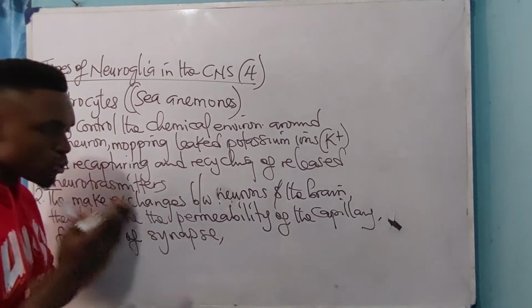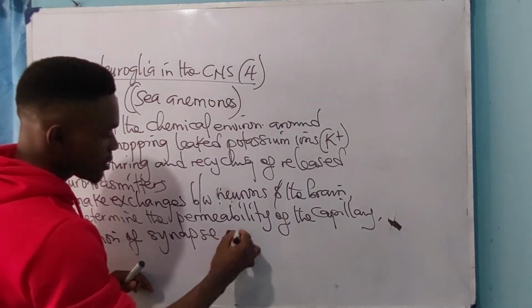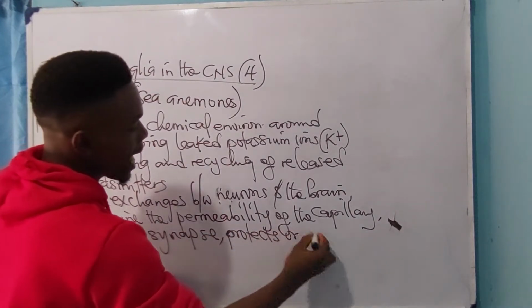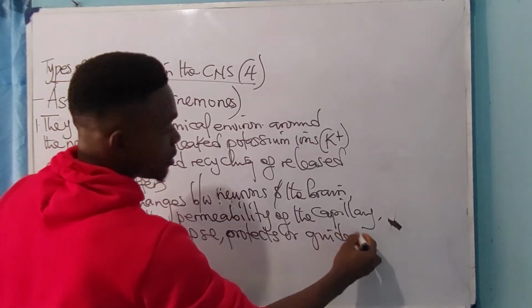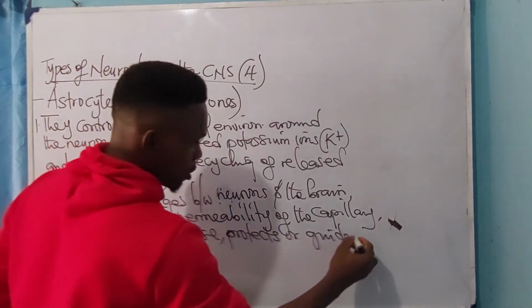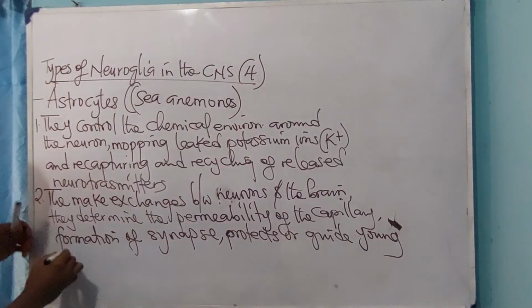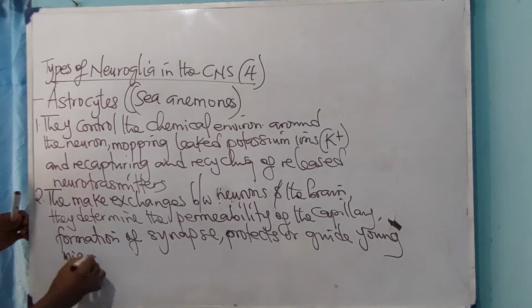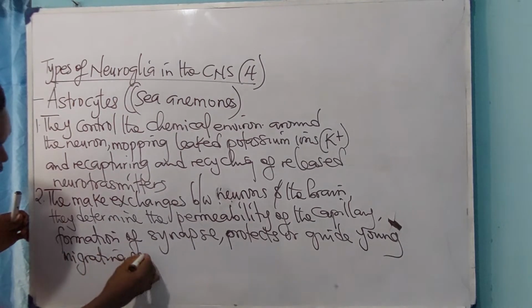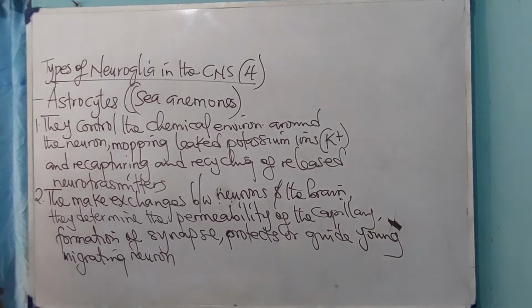And they also protect or guide young migrating neurons, which means that the movement of young neurons is protected by the astrocytes, and the chemical environment around the neuron is controlled by the astrocytes.